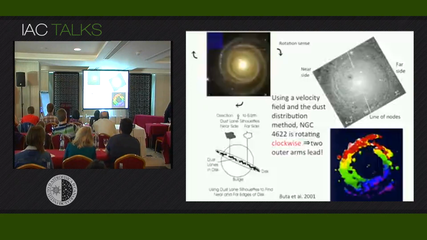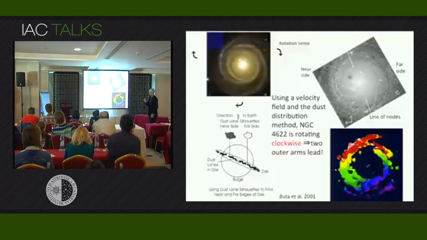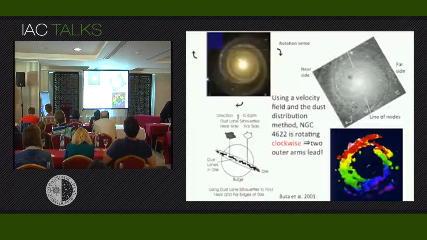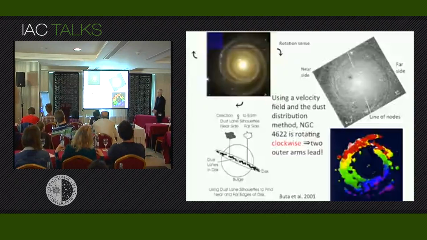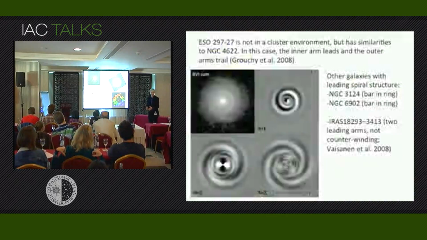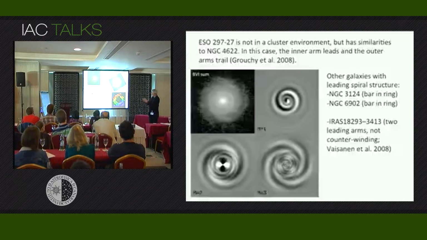So if you see strong spiral arms, it just seems like it would have to be trailing arms, because they're the ones that get amplified, not the leading arms. So it's hard to understand this galaxy. And yet, if you use the standard method to determine the sense of winding of the arms, it's the outer arms that are leading. Now, there is another example that may help us appreciate it.